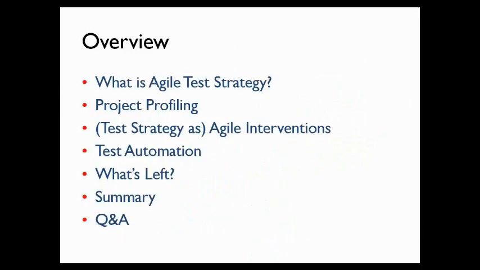Testing, development, requirements are all kind of continuous activities. They flow rather than are staged. And so I think it's convenient to think of the Agile test activities as interventions, and this is the way I'll present the thinking. I have to obviously mention automation.